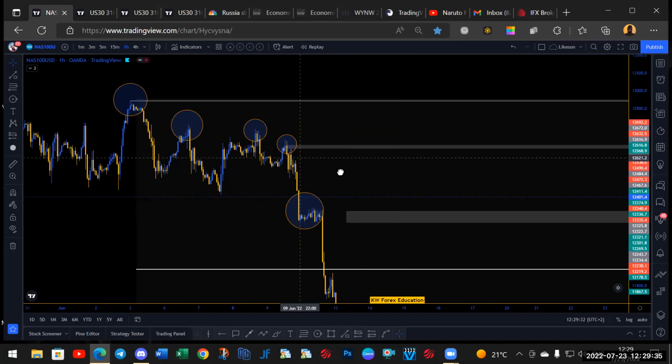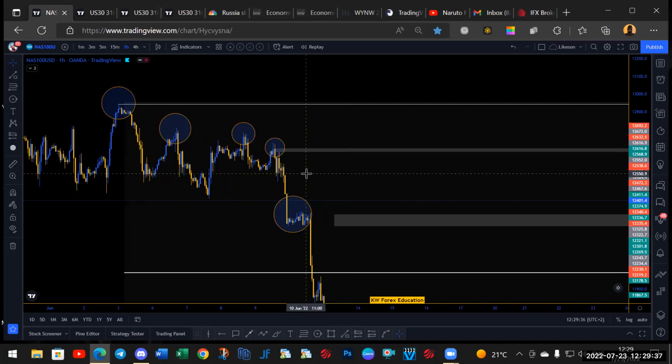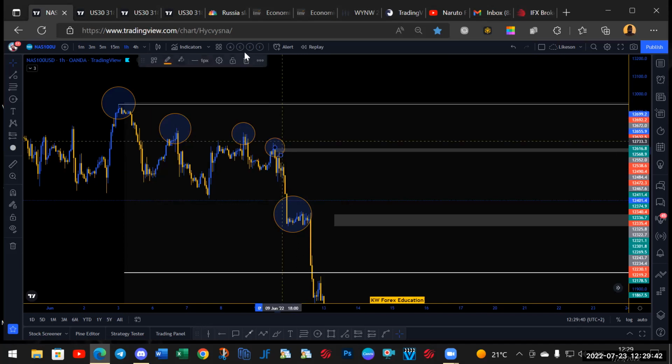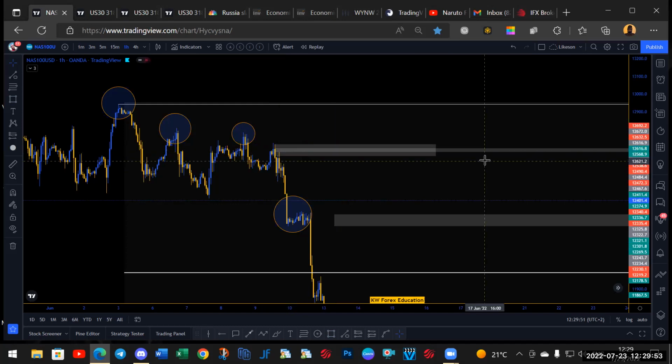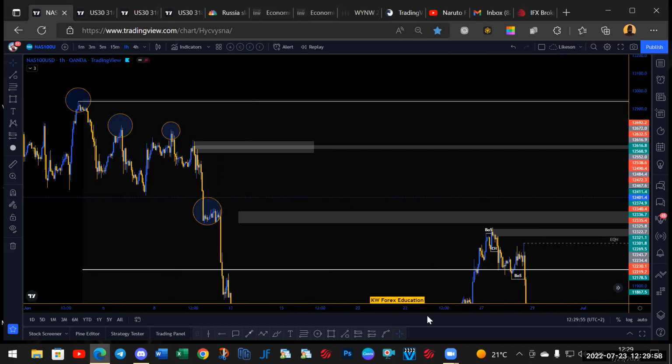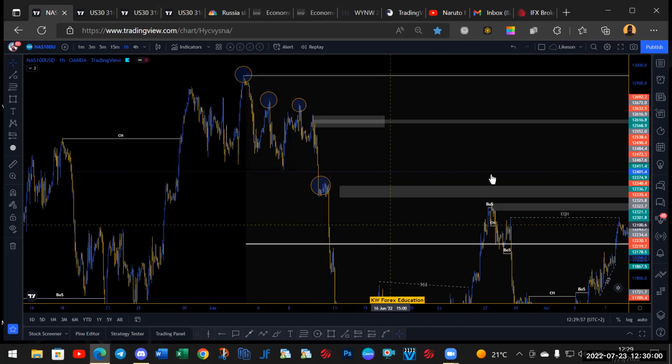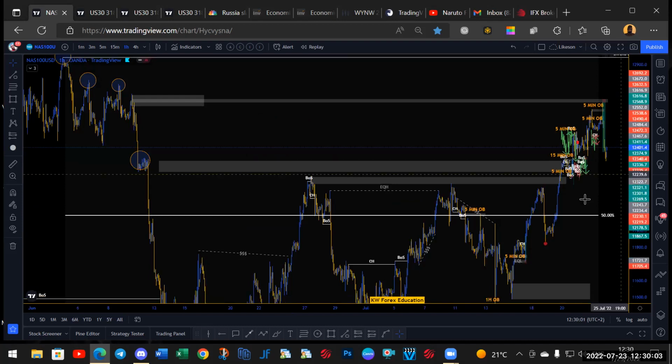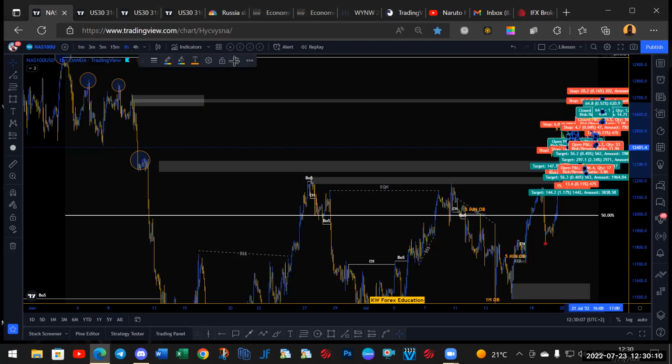Okay, so now this is the area where price reacted, right? Let me just delete that, and then I mark that one as our order block on 1 hour, right? Let me just delete these things. I already drew them, I hope I remember.